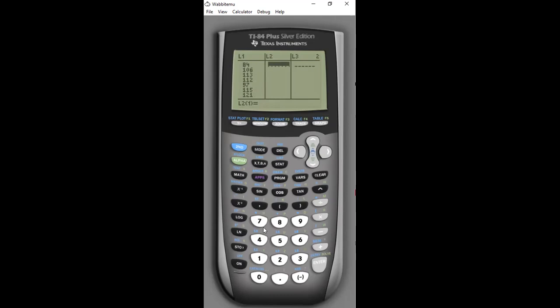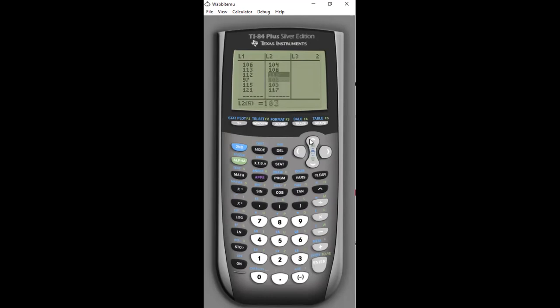So twin B's here is 77, 104, and 106, and 113, and 102, and 103, okay, and 117.